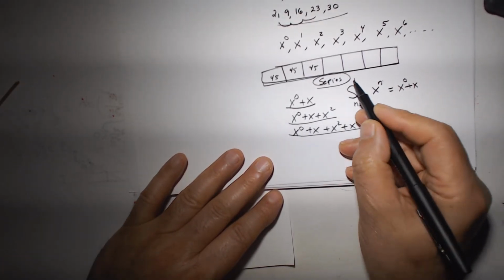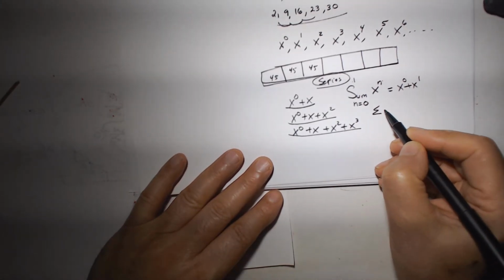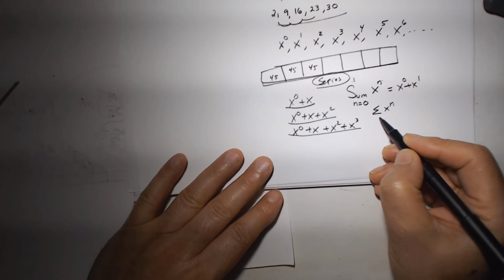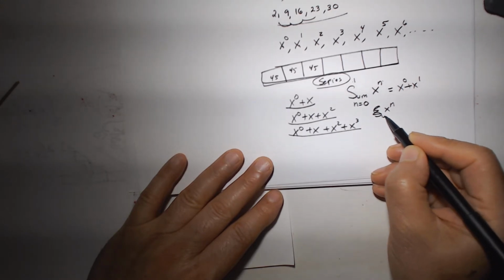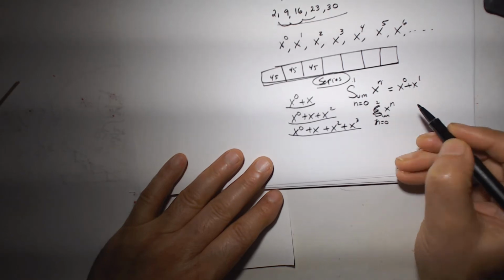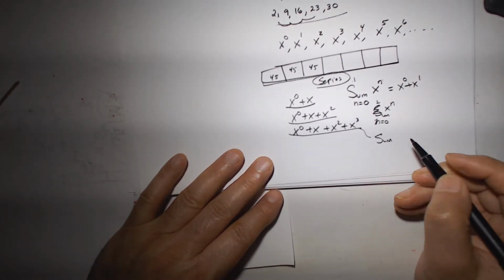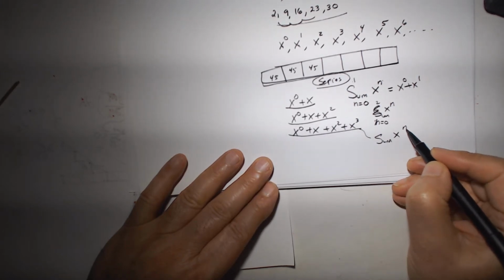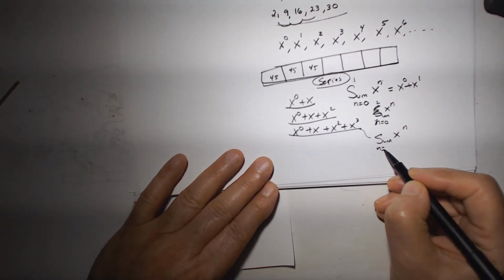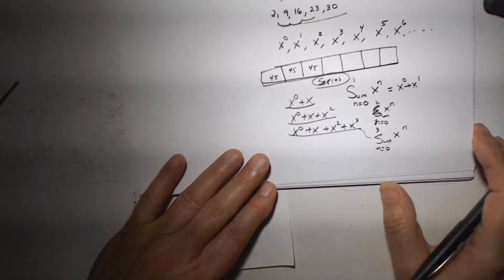Next after 0 is 1. In here you write the sum of x to the power of n from n equal to 0 to 2. This one is a sum of x to the power of n when n starts from 0 to 3. And that's going to have 4 terms because including 0.